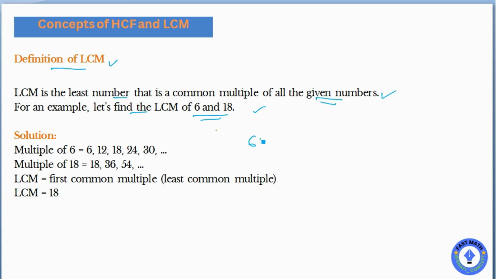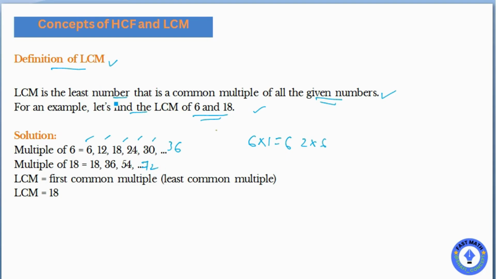Multiples are the numbers you get continually, that means the table of 6. You take 1 into 6, 2 into 6 and so on. The multiples of 6 are 6, 12, 18, 24, 30, 36 and so on. Likewise, 18 has the multiples 18, 36, 54, 72 and so on.